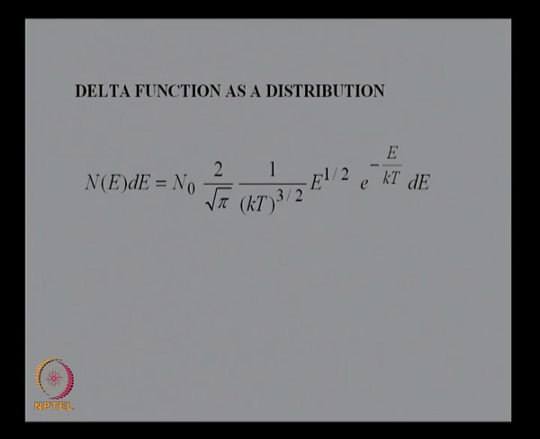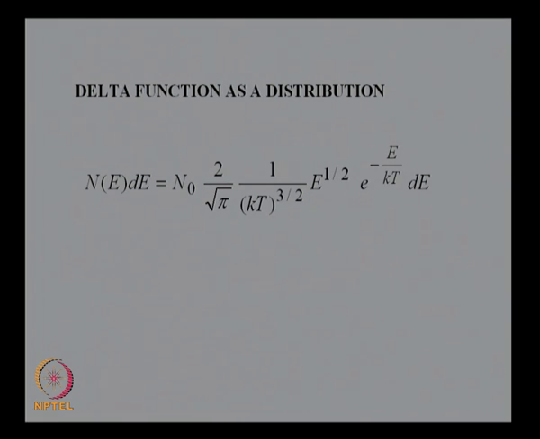The answer is 0, because dE is 0. I want the number of molecules whose energy lies between kT and kT. So, dE is 0. So, in this distribution, the total number of molecules which have exactly the energy equal to kT is 0.